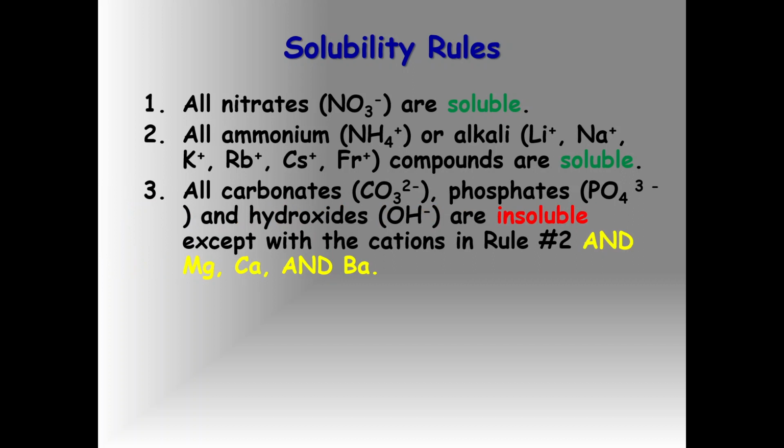All carbonates, phosphates, and hydroxides are insoluble unless the cation is magnesium, calcium, or barium. So, for example, calcium hydroxide will dissolve, magnesium hydroxide will dissolve, but sodium hydroxide would not.